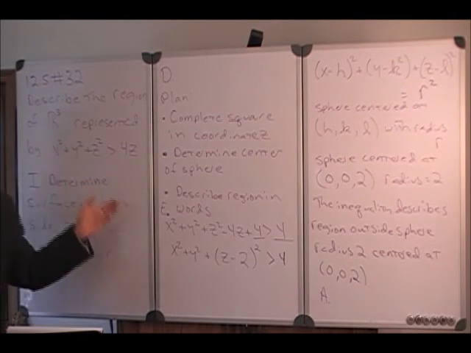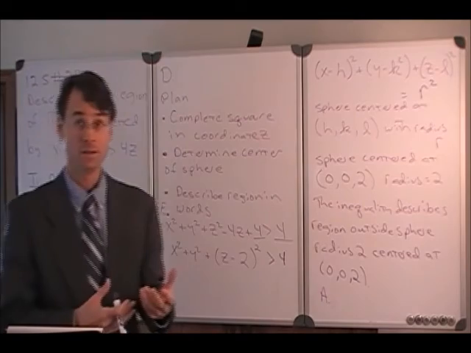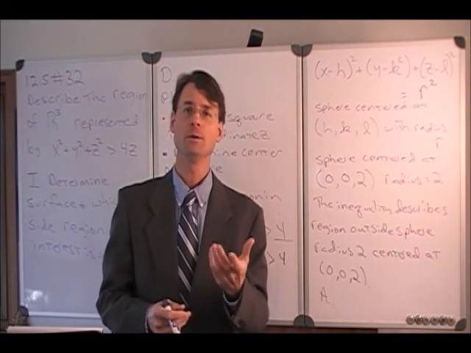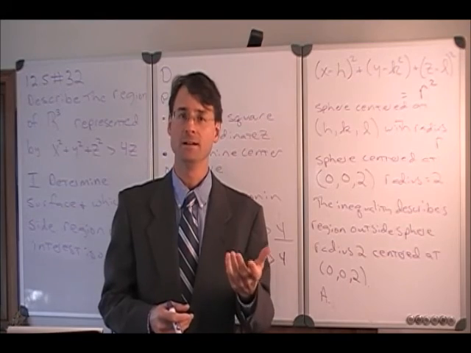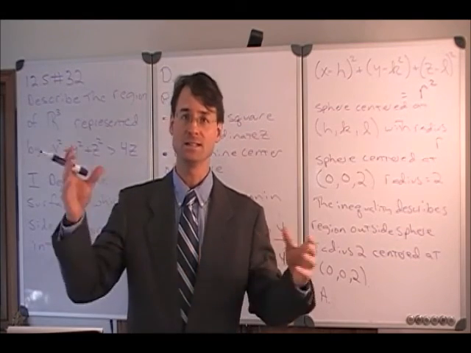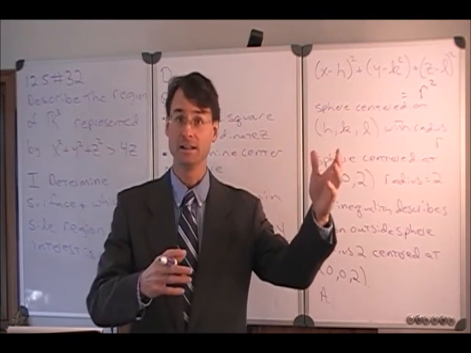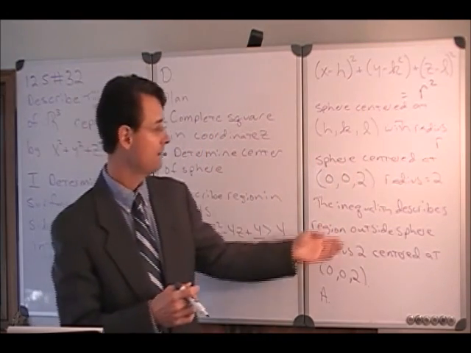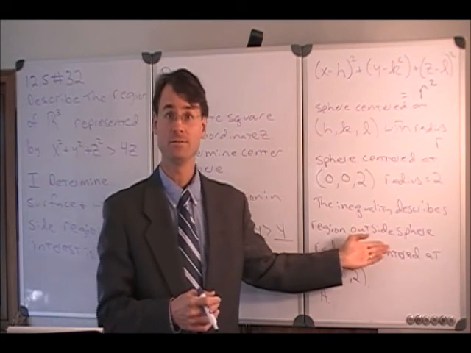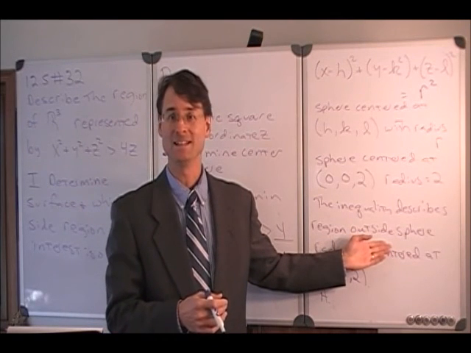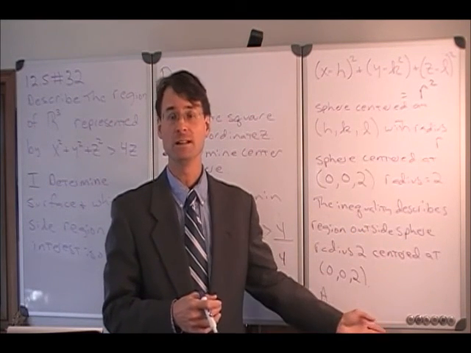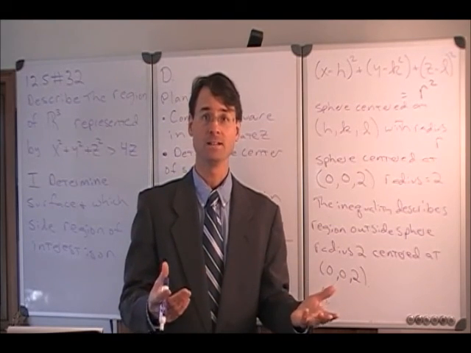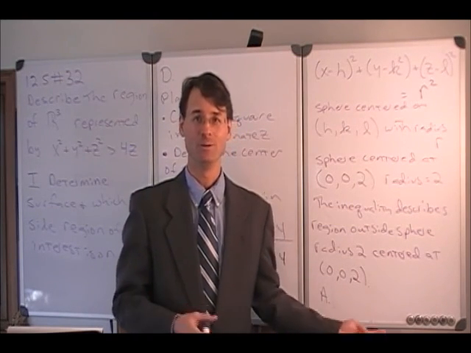Just like two-dimensional regions that are represented by inequalities end up extending infinitely, at least in some direction, if not in all directions, we have a region outside of a sphere, so it keeps extending in all directions. So we've at least described it in a way that's consistent and makes sense with the information we've been given.